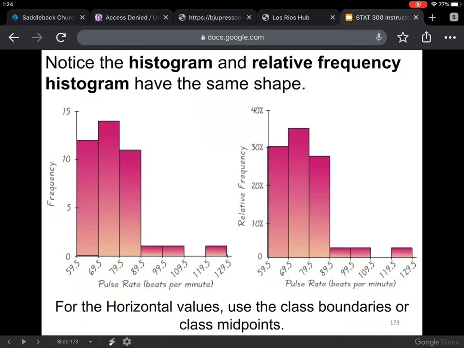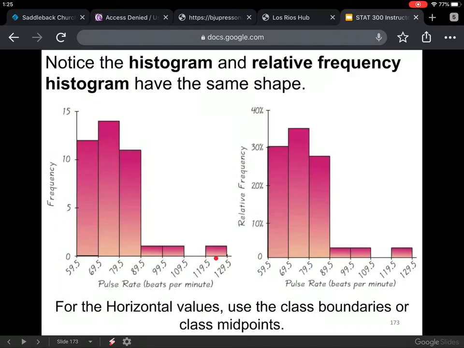Notice that the histogram and the relative frequency histogram have the same shape. So here we have pulse rate, beats per minute. And if we take a look at this, this is frequency here, right? Frequency, and then the pulse rate. How many people had a pulse rate between 59.5 and 69.5? Well, approximately 12, I would say, right? And notice now, if I take each one of these and add them all up, that would be the total number of data points that we would have, total number of pulse rates.